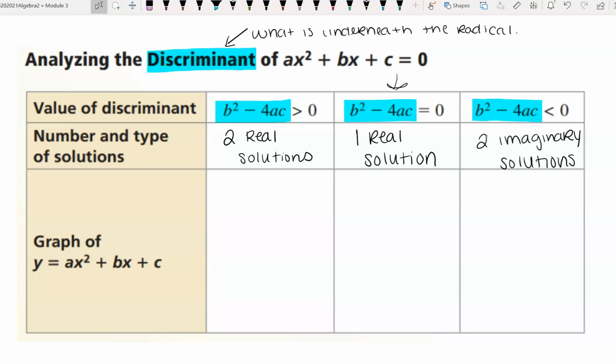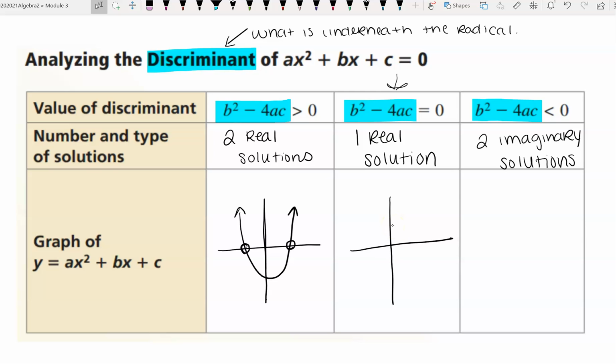Down to this third row, if I have 2 real solutions, I'm going to have a graph that looks something like this, where it hits the x-axis at 2 spots. If you have something like this, where it hits the x-axis at 1 spot on its vertex, you have 1 real solution.